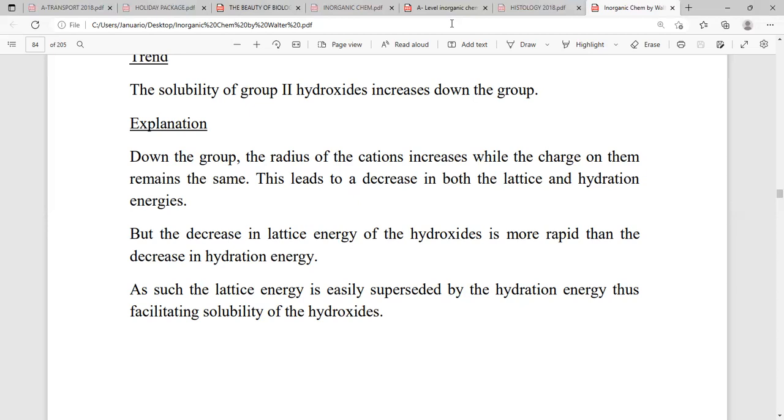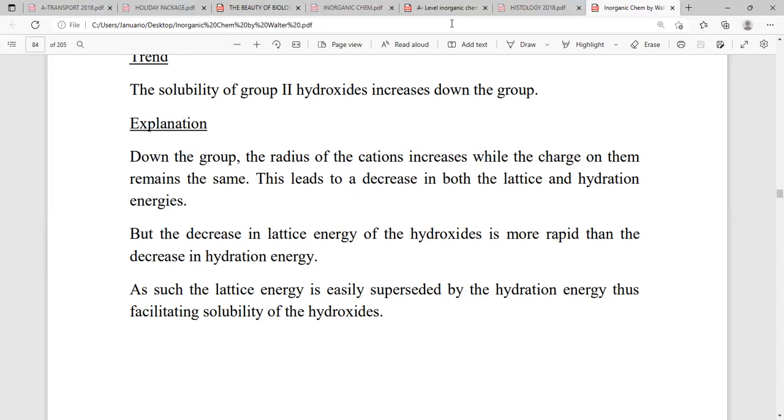So as a result, the lattice energy is suppressed, or it can easily be superseded by hydration energy, thus facilitating solubility of the hydroxides. Because the decrease in lattice energy is more rapid than the decrease in hydration energy, we have the hydration energy superseding the lattice energy.